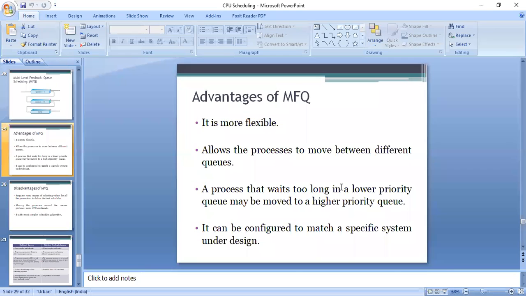That is, it is more flexible. We can switch between the various levels of queues. It allows the processes to move between different queues. A process that waits too long in a lower queue would be moved to a higher priority queue. So it can be configured to match a specific system under design.